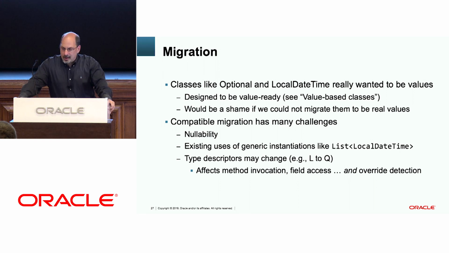So another thing that's coming up in the future discussion department is, what do we want to do about migration? We have a number of classes like Optional and LocalDateTime. They're just itching to be values. When we were writing them, we knew they wanted to be values, and it would be a shame if we couldn't migrate them to values. On the other hand, this has a lot of challenges for both binary and source compatibility.